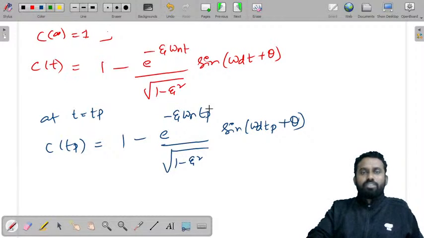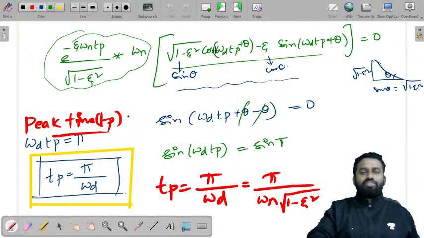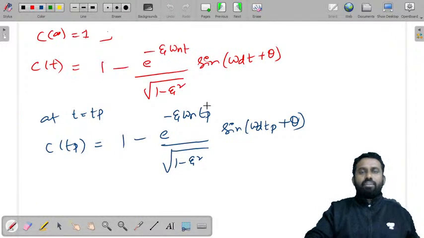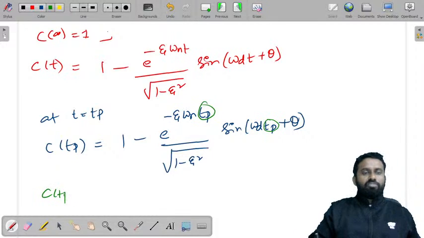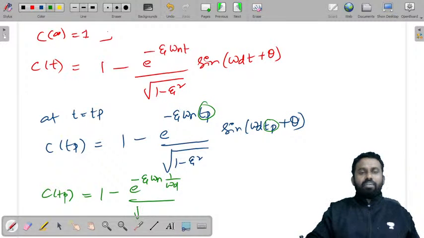Now let's try to substitute this value. What is Tp? We already found just now. Tp is pi by omega_d. Substitute that in place of this. So do that. C of Tp is equal to 1 minus e power minus zeta omega_n into pi by omega_d by under root of 1 minus zeta square sin(omega_d into pi by omega_d plus theta).